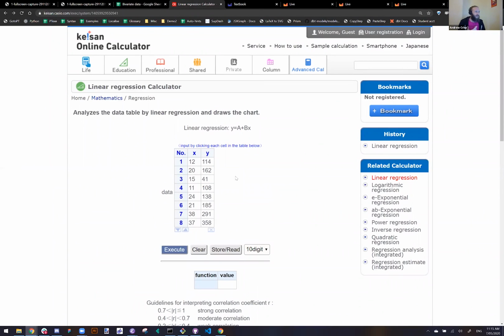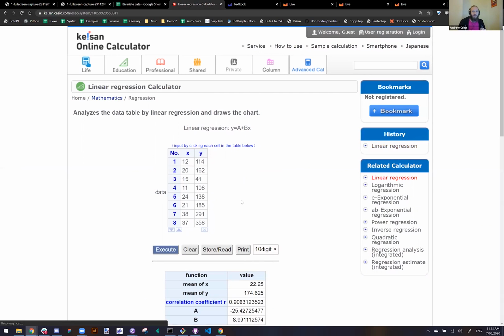If you're using a CAS calculator, you might have to type all the numbers out one by one. But I have all the X values in and all the Y values in, and then I click execute. And let's see what we come up with.